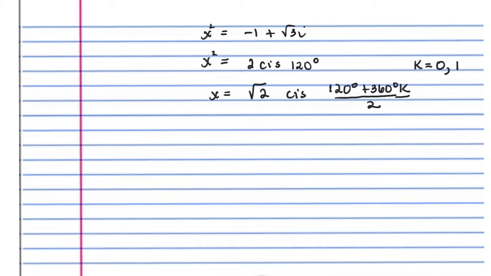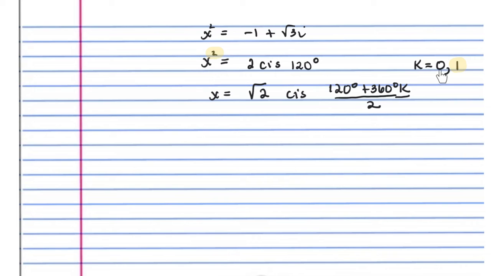Well, it turns out it's going to stop at 1 because it's always going to be 1 less than the exponent of 2. So if you were taking the cube root, it would go 0, 1, 2, because 1 less than 3 is 2. If it were the fourth root, it would go 0, 1, 2, 3, because 1 less than 4 is 3.